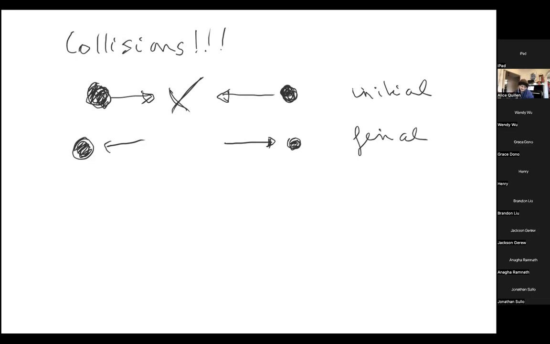Let's think of a ball. It falls down and then it bounces back. At the moment it hits the floor, it starts to change momentum because there's a force on it. So before and after, there's a big change in momentum.